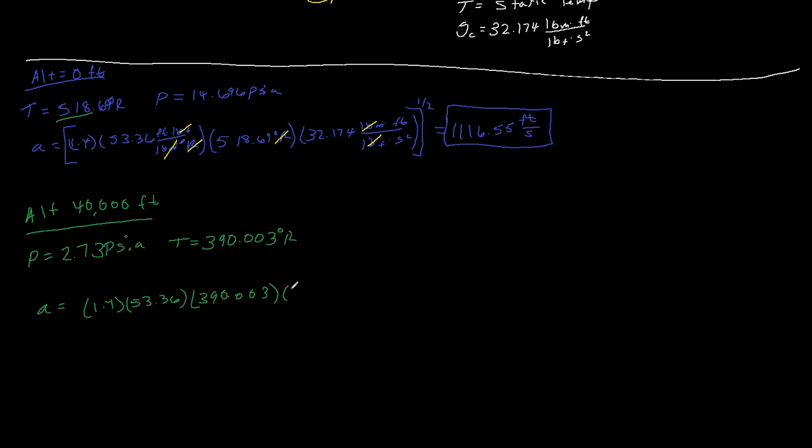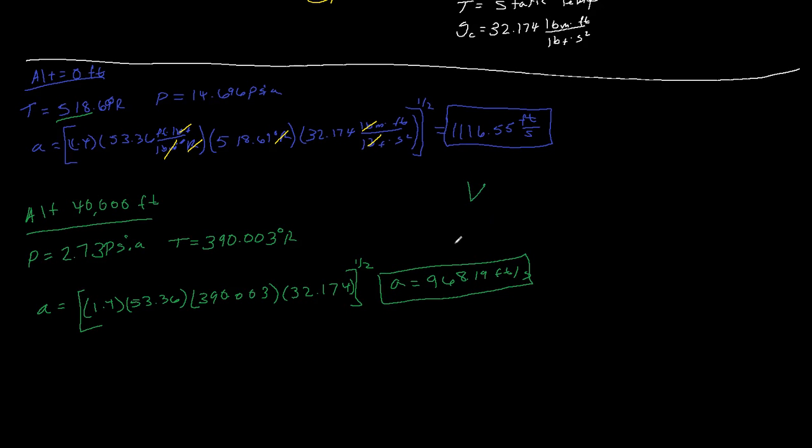And our temperature and our G sub C. Okay, and to the 1/2 power. Okay, and this speed of sound works out to be 968.19 feet per second.